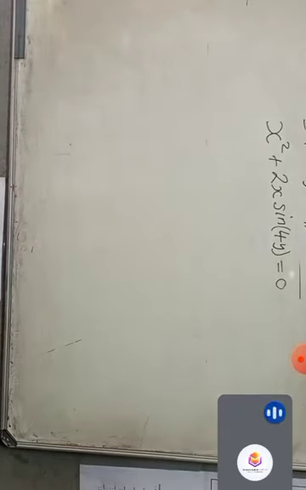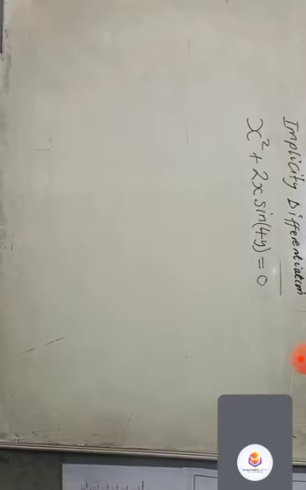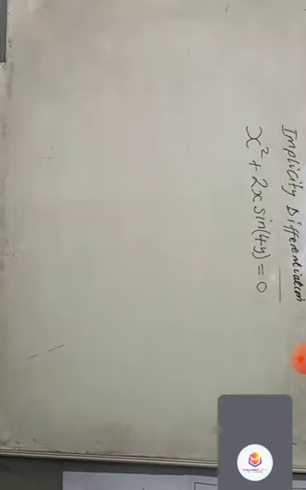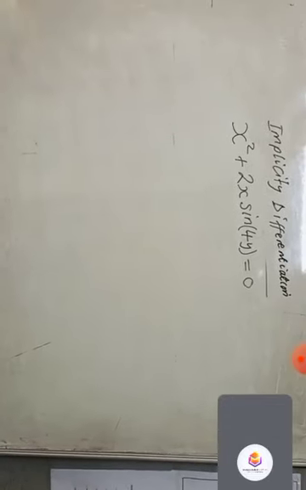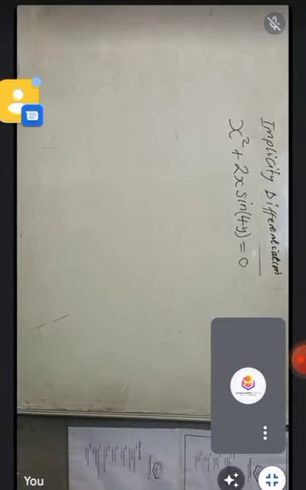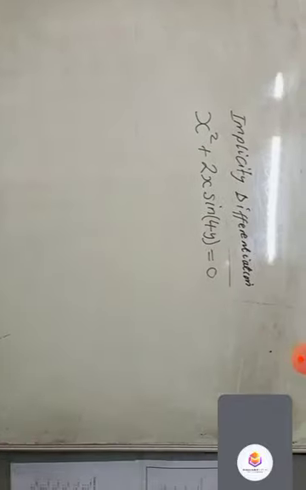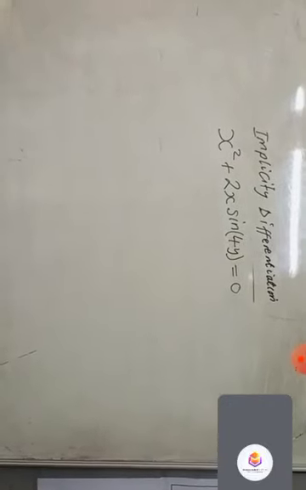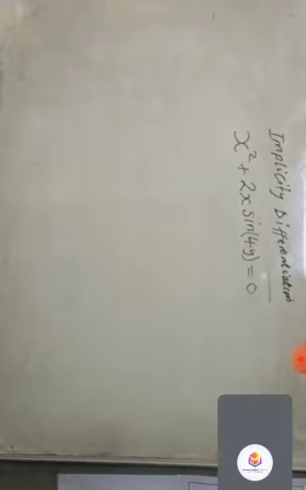Yeah, so we have the question on the board, which is x squared plus 2x sine 4y equal to 0.